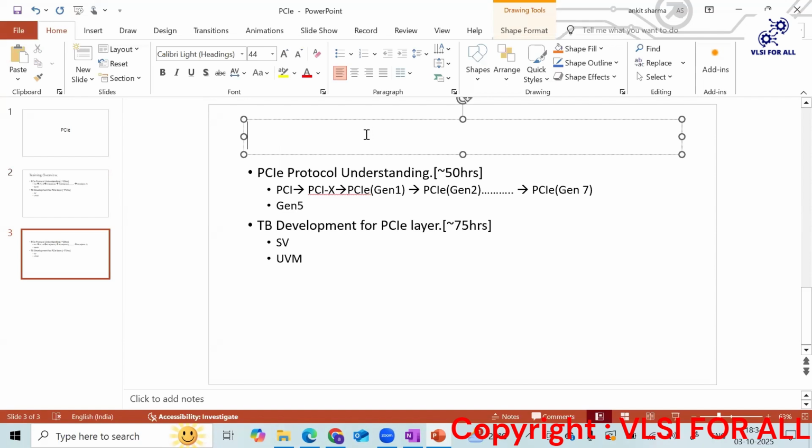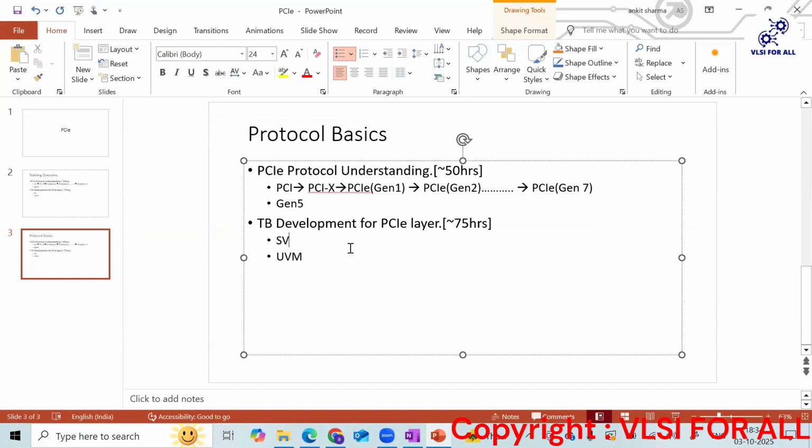Okay. So, types. So any protocol basics.